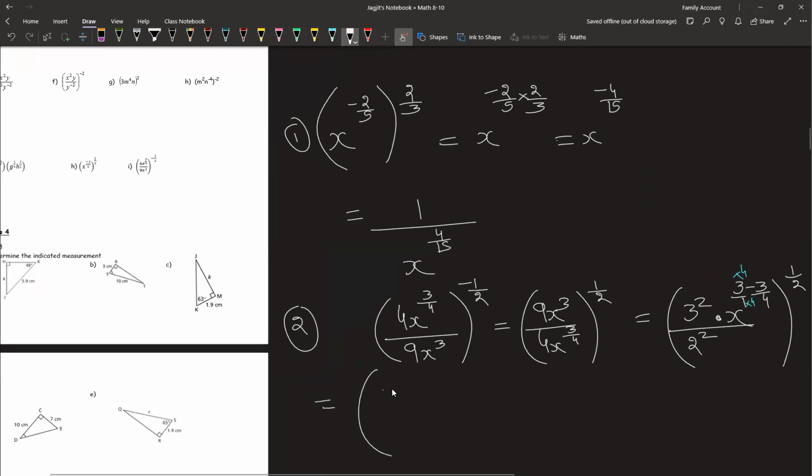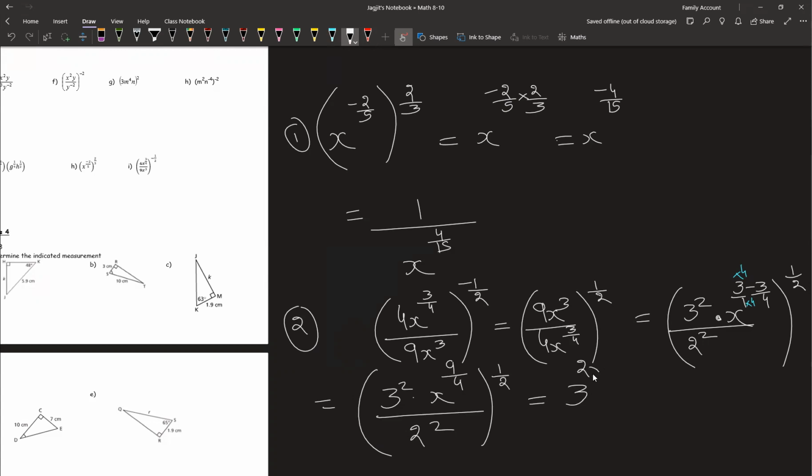So that becomes 3 squared times x to the power 12 minus 3, which is 9 over 4, over 2 to the power 2, all raised to the power 1 over 2. FOIL them.